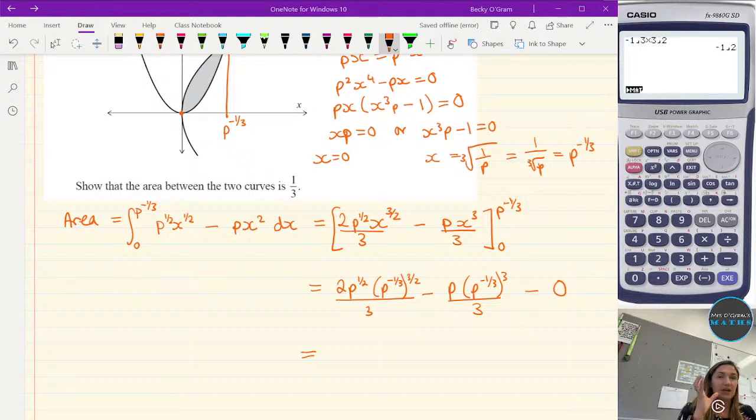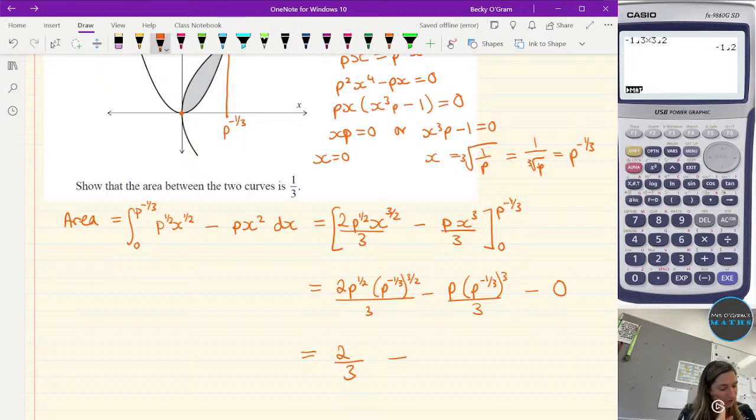Now, if we do a power times a power, those two things are added together. So p to the 1/2 times p to the minus 1/2, we add the powers. So 1/2 plus a negative 1/2 cancels out, and we end up with p to the 0, which is actually 1. So we've got 2/3.